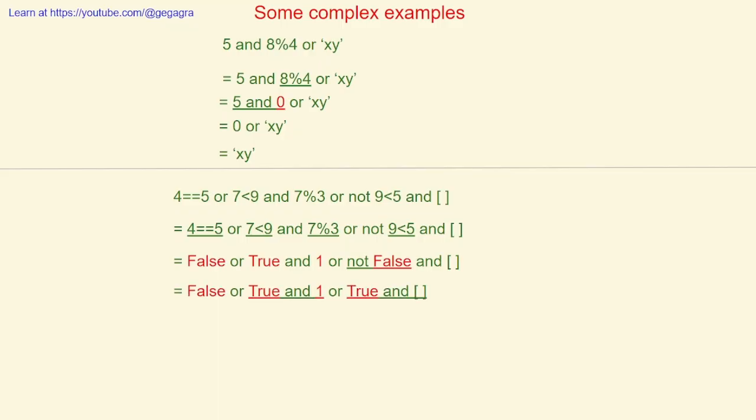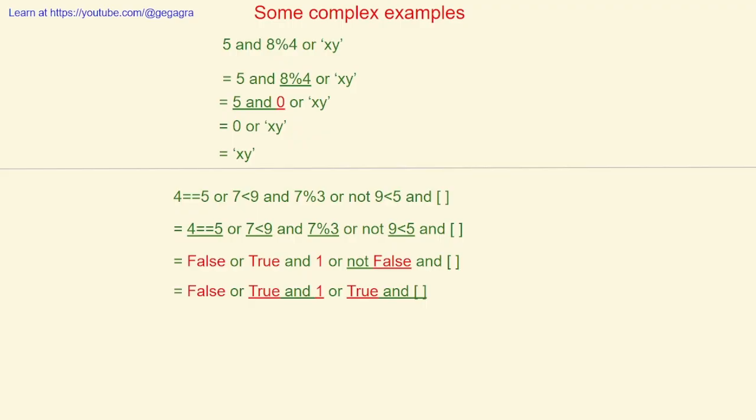So see here, false or true and 1, or true and empty list. Since and has higher priority than the logical operator or, we'll have to evaluate true and 1 and true and empty list.